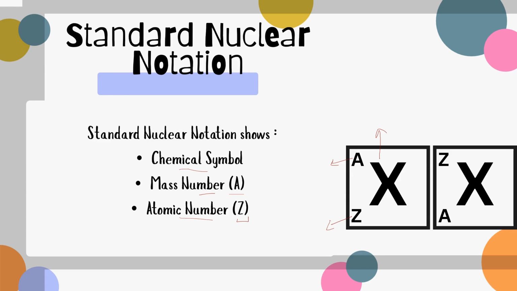The mass number can either be written at the top or at the bottom. You'll be seeing many periodic tables which have the mass number written at the top and sometimes at the bottom. We have already studied that whichever number is higher will be the mass number. So from that you can come to know.